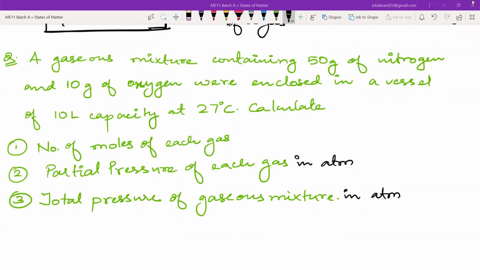Now, while you are calculating the partial pressures, think that सिर्फ nitrogen ही है उस उतने volume में, and think that only oxygen is present in that particular volume. Then apply the ideal gas law and you can calculate partial pressure. If anyone is getting stuck, let me know.